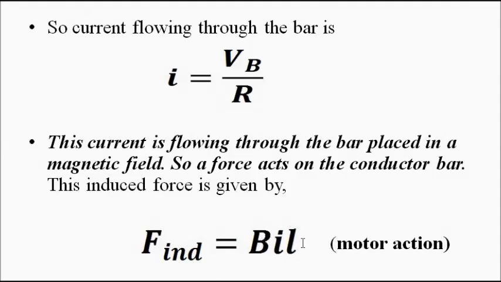So this is what is called the motor action, because here we are getting a mechanical motion. The definition of a motor is to convert electrical energy into mechanical energy. A DC machine, we never construct with the intention of a motor or generator.